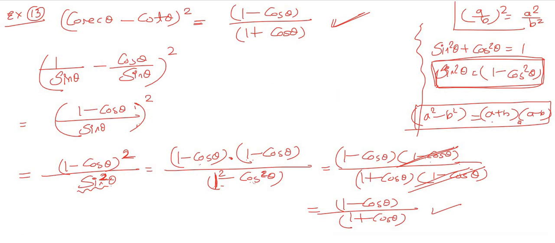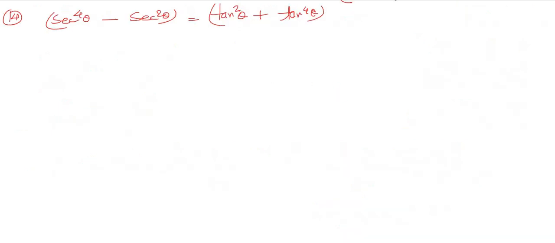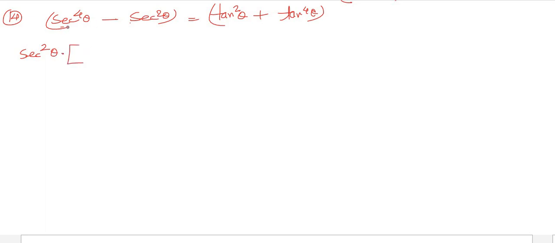Next question. See, this is a very good question. You try. First you write it down and try it. Okay. So here, if I take in these two, can I take sec square theta common? Correct? So what is coming here? Sec square minus 1.